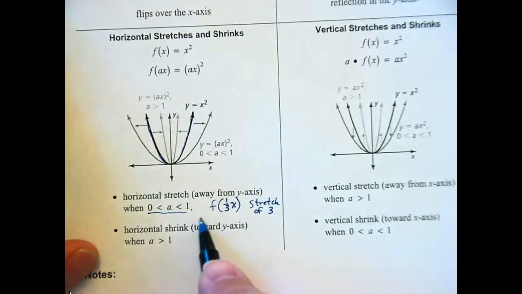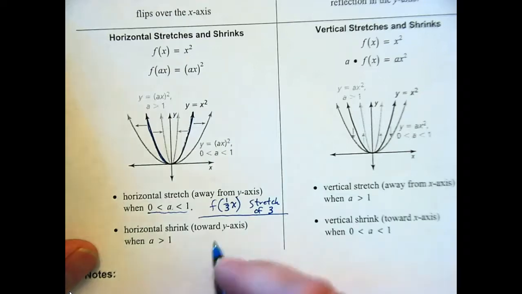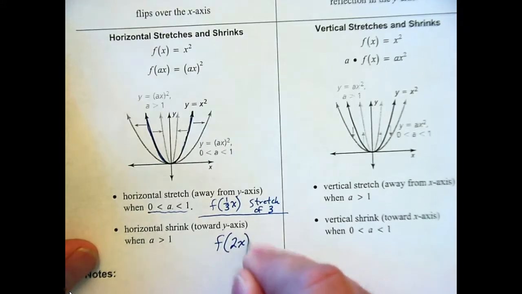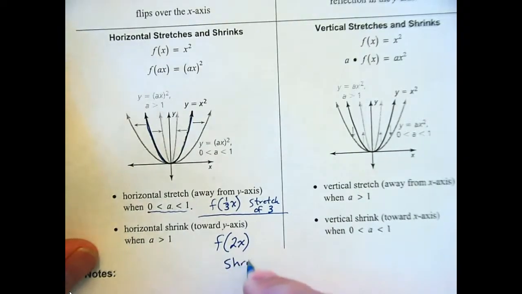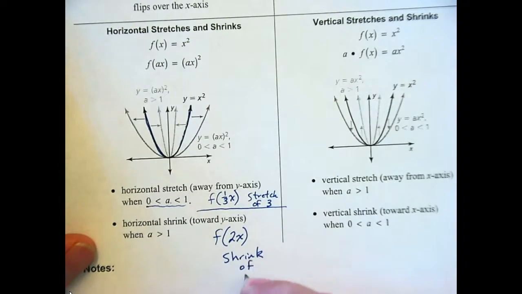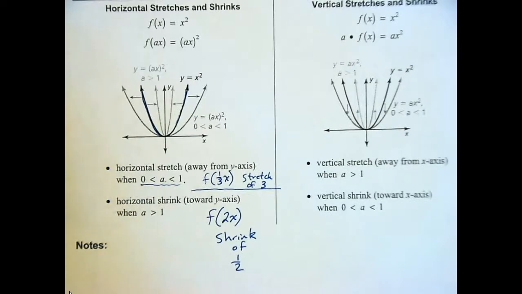When I have f of 1/3 x, that's a stretch of 3. We good on that? When I have f of 2x, that means I have a shrink of what? A shrink of 1/2. It's the reciprocal of that. It's backwards from what you would think.